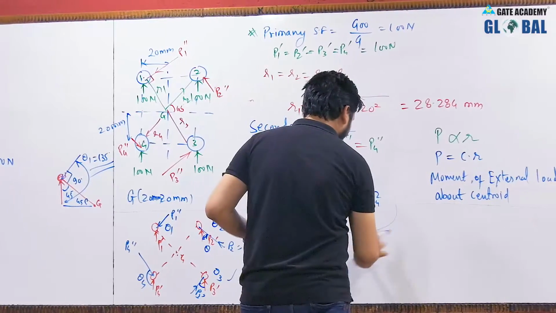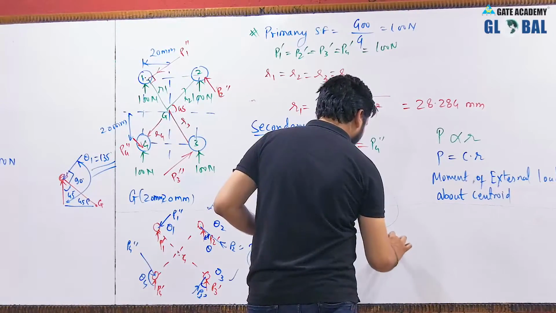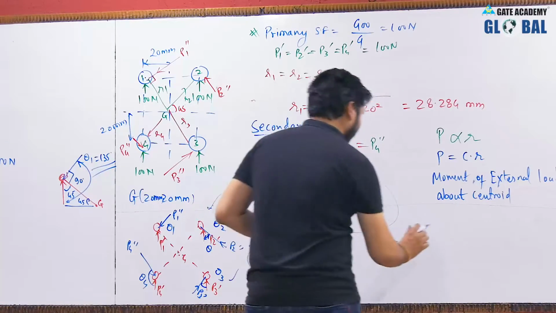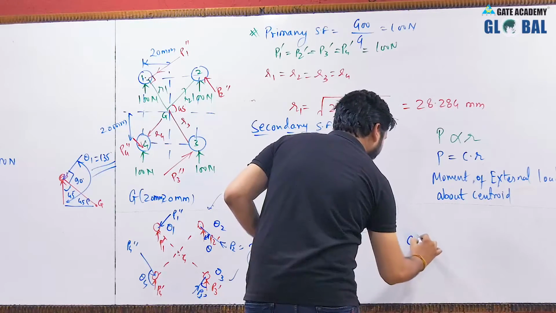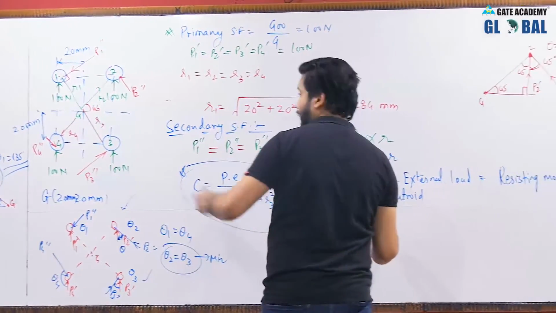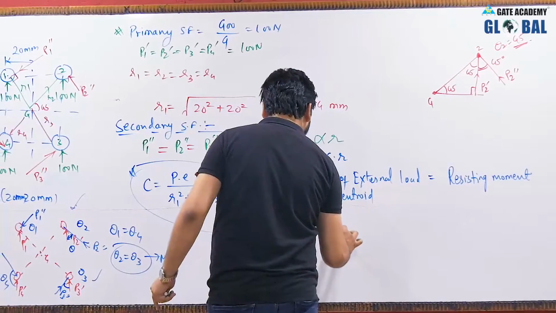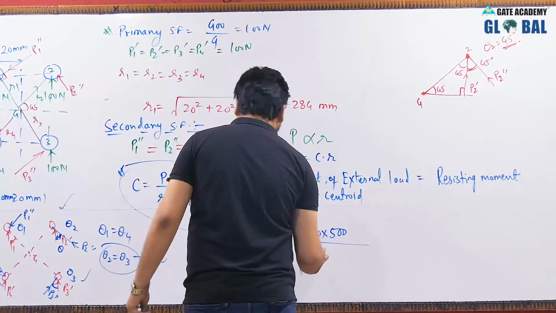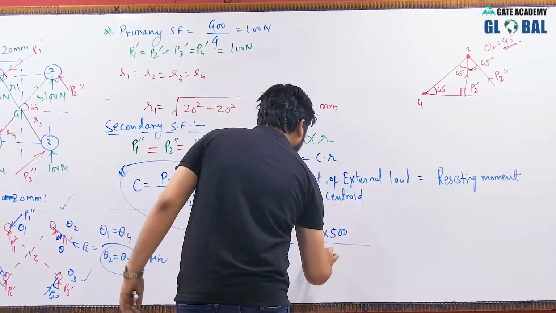P2 double dash will be equal to C into R2, where C is P, that is 400, into eccentricity, that is 500, divided by R1 square plus R2 square plus R3 square.